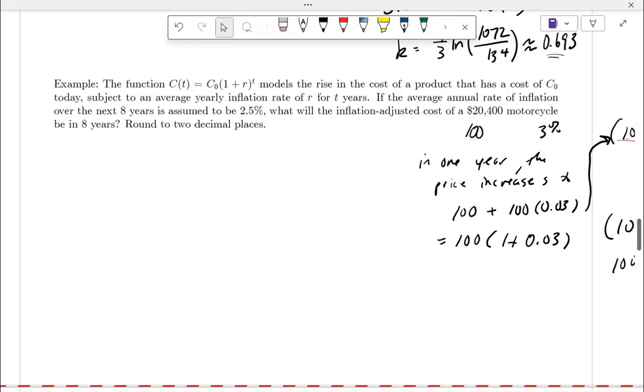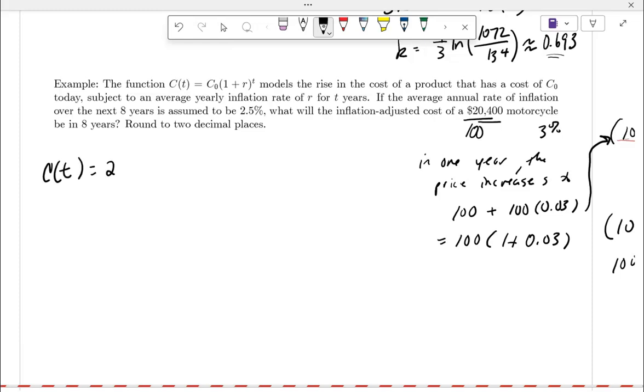So they give you the inflation rate is 2.5%. They tell you that you want to find what the new price of a motorcycle will be in 8 years. So what's the initial amount we're going to use? The 20,400. That's the price of the motorcycle now.